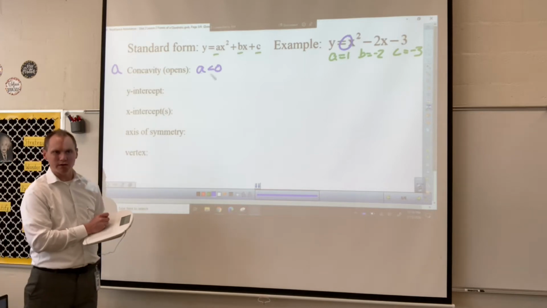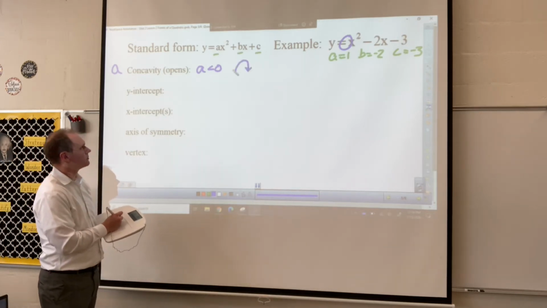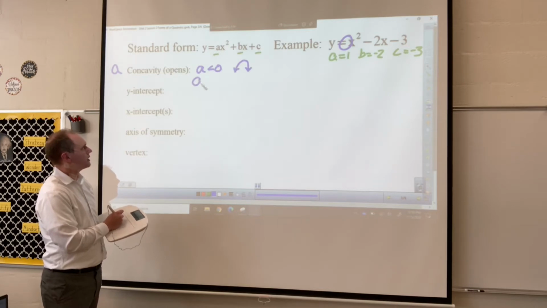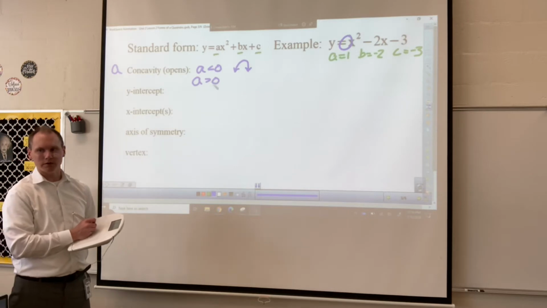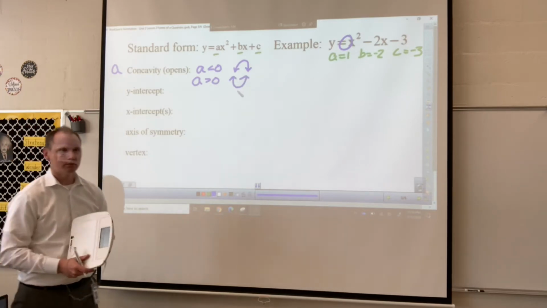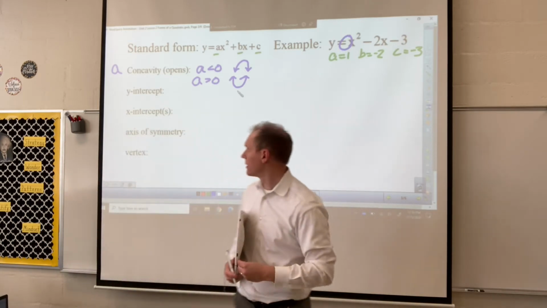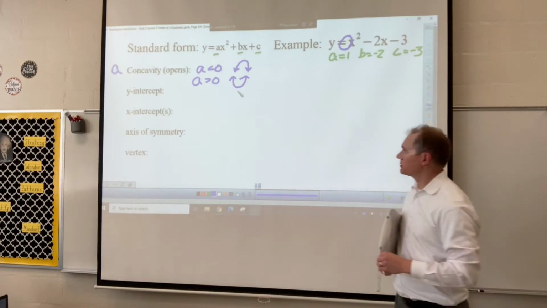If A is negative, it's going to be concave down. If A is greater than 0, that's a fancy way of saying positive, then it's concave up. All right, so that's the concavity.